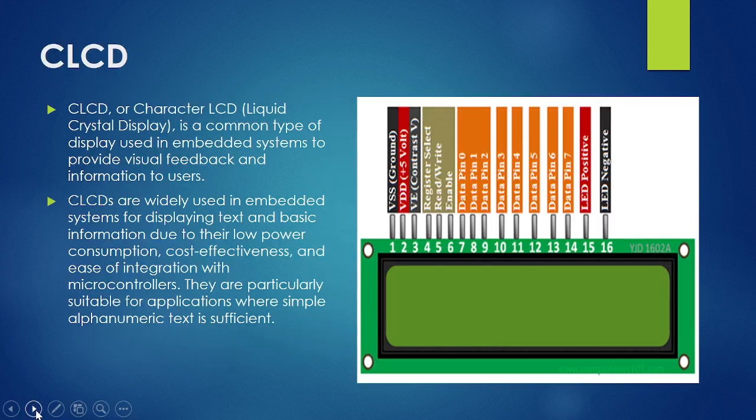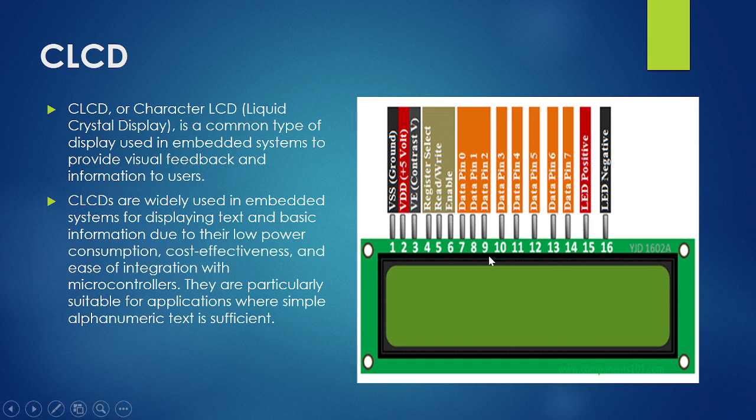So moving forward, this is the CLCD in which we display the information. We can see an embedded system uses it to provide visual feedback and information to the users. And CLCDs are widely used in embedded systems for displaying text and basic information due to their low power consumption, cost effectiveness, and ease of integration with microcontrollers.